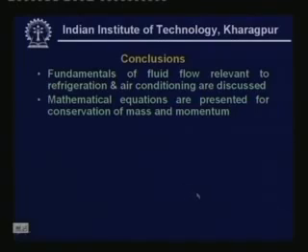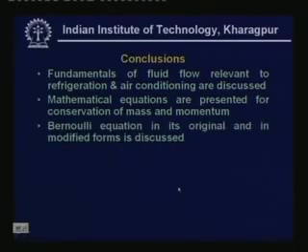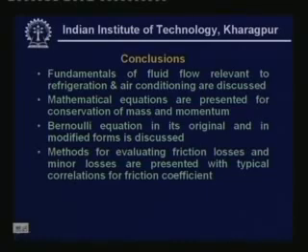Both are the same. We have also presented and discussed the Bernoulli equation in its original form, and also the modified Bernoulli equation for viscous flows and when a fan or pump is used in the fluid flow conduit. Then we have presented methods for evaluating friction losses and minor losses with typical correlations for friction coefficients.